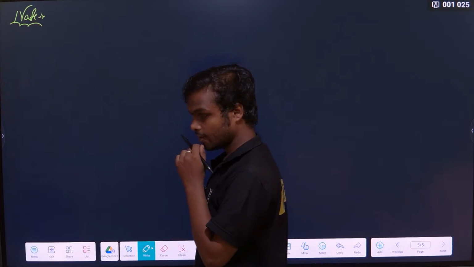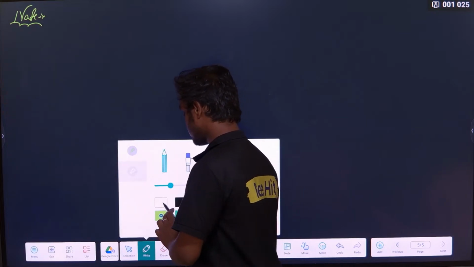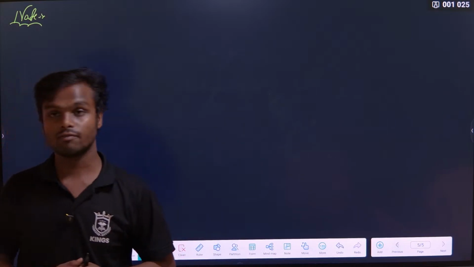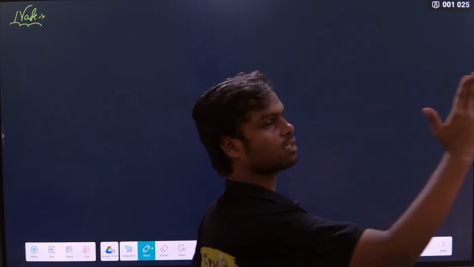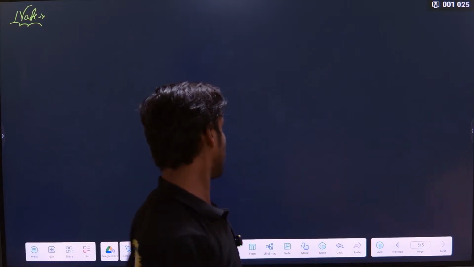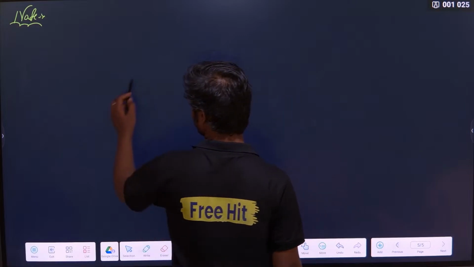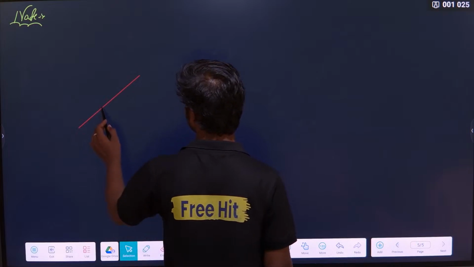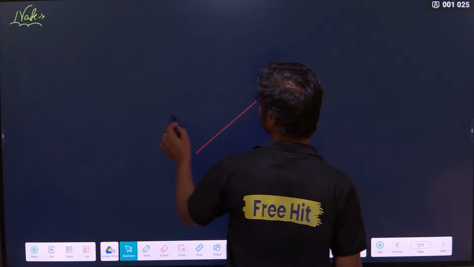First thing, a vector can be shifted parallel to itself. Suppose I have a vector like this, I can shift this vector parallelly anywhere, here like this, like this.